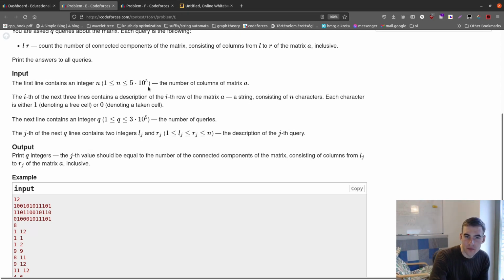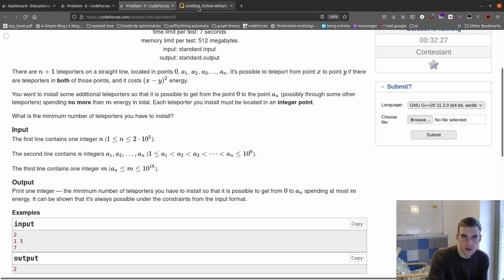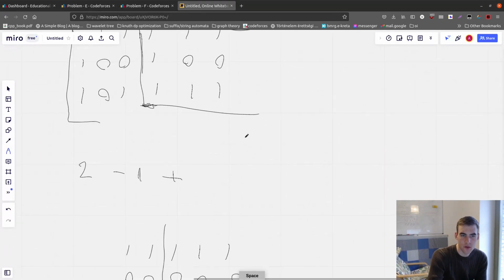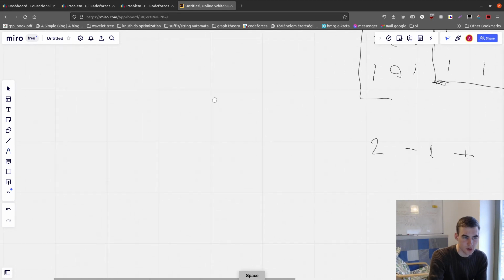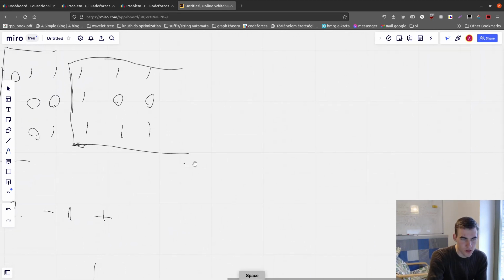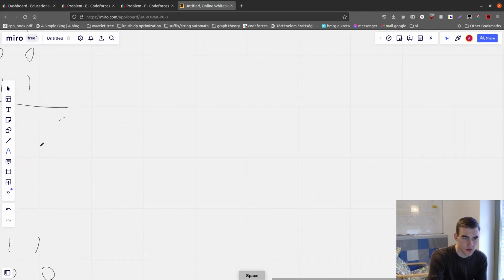it's pretty small. What does this 3 times n mean? It means that my components can have something. If I have something along the bottom that's like 1, 1, 1, 1, 1, then I have some zeros.